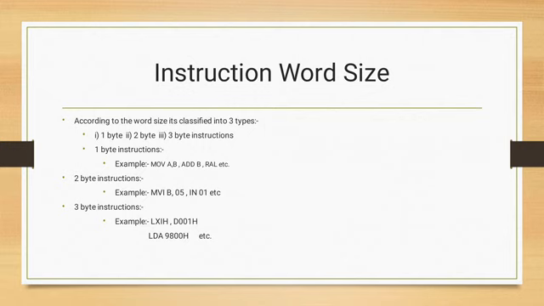The first byte 3A is the opcode for the instruction LDA, and the address is also divided into 2 parts, one for LSB and another for MSB. The second byte 00 is the LSB address of the memory location, and the third byte 98 is the 8 MSBs of the address of memory location 9800H.